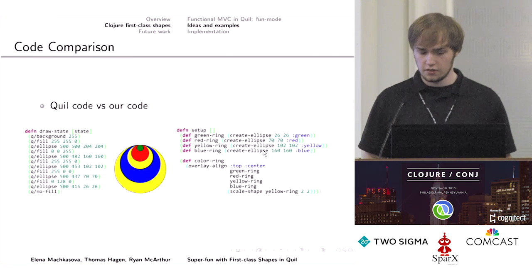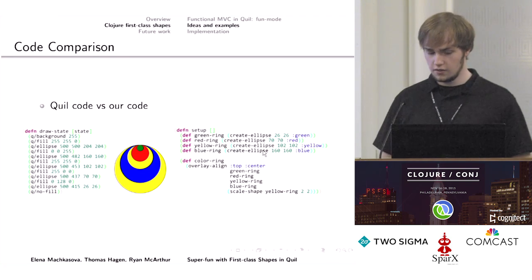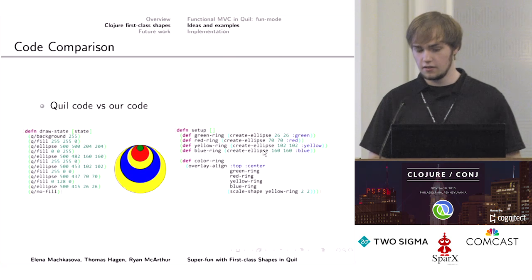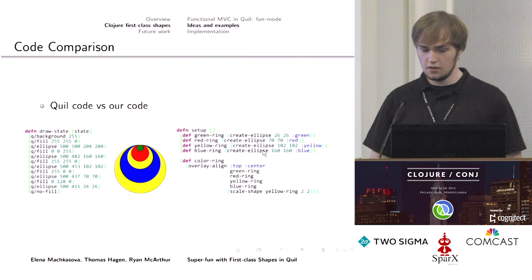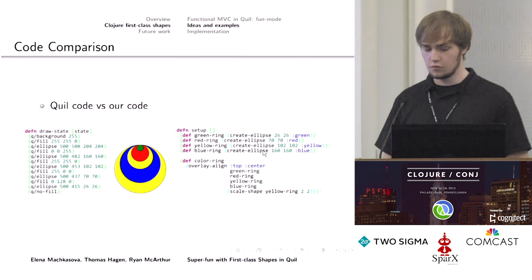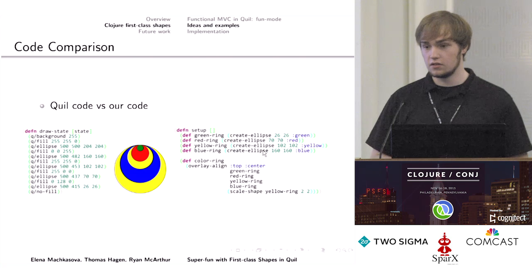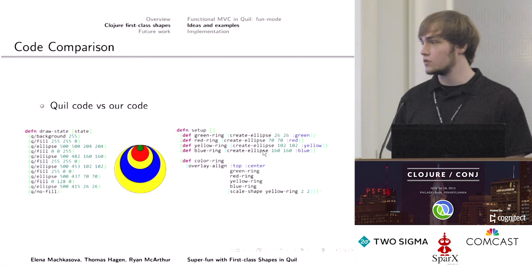Versus when you look at our block of code, you've got your green ring, your red ring, yellow ring, blue ring, and you can see that they're overlaid top center orientation with green on top, red, yellow, blue. And in this case we're actually reusing the yellow ring scaled up to double size because we can, because it's abstract before it's drawn on top of the canvas.